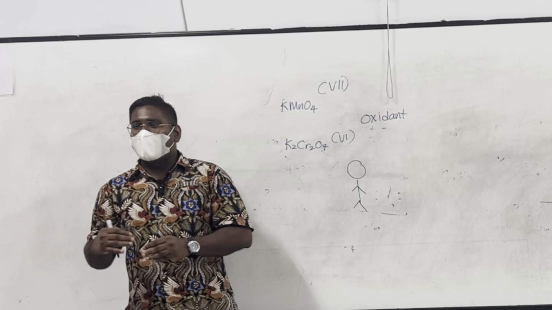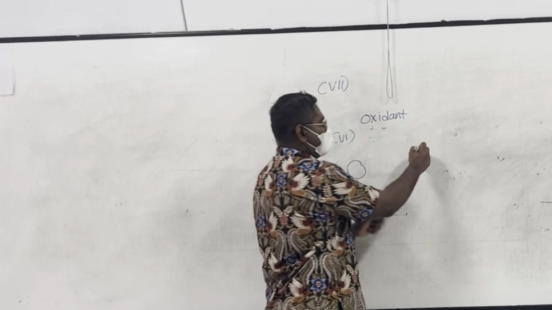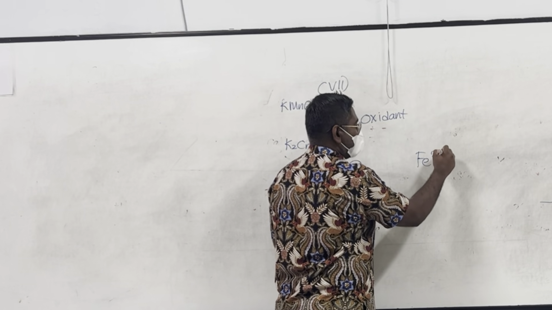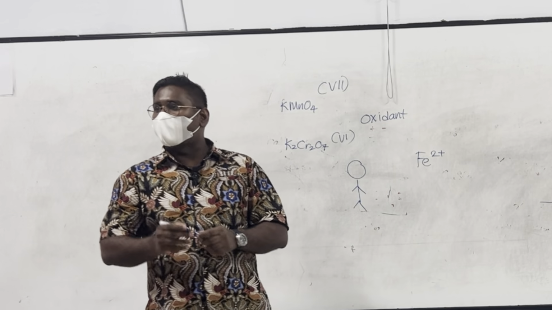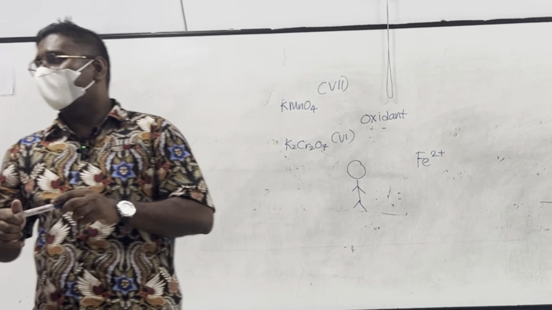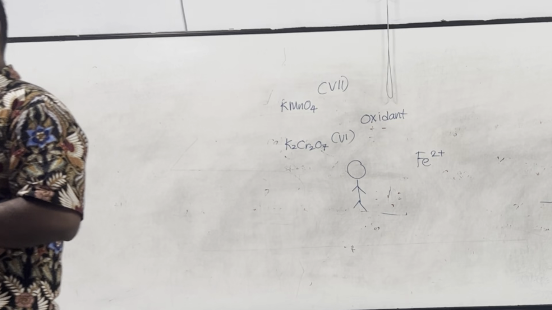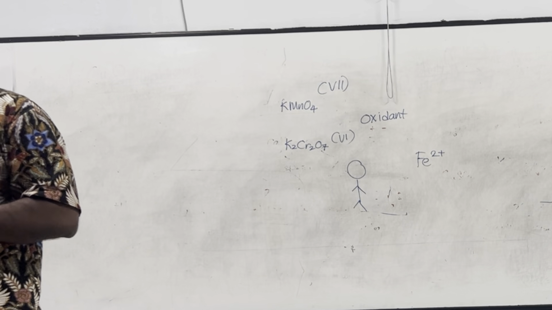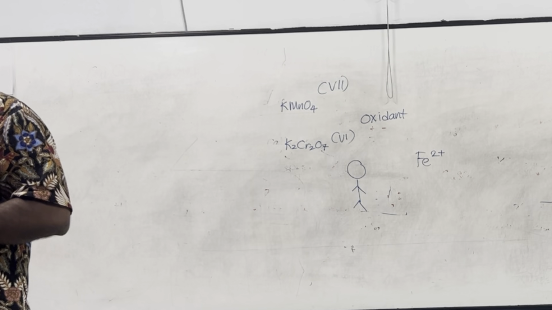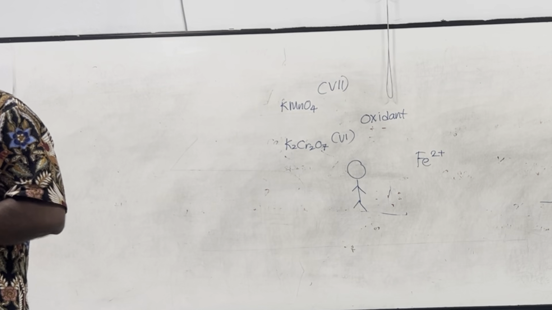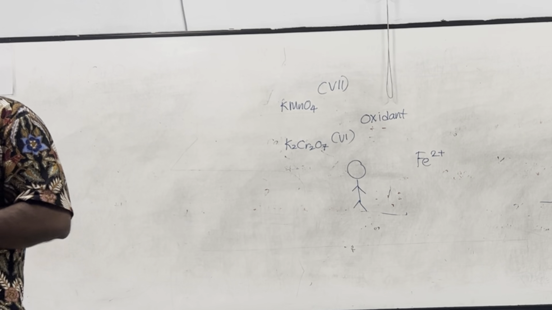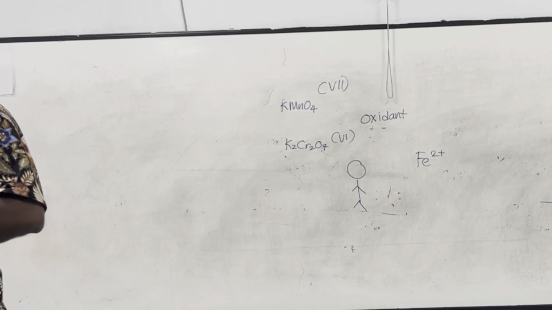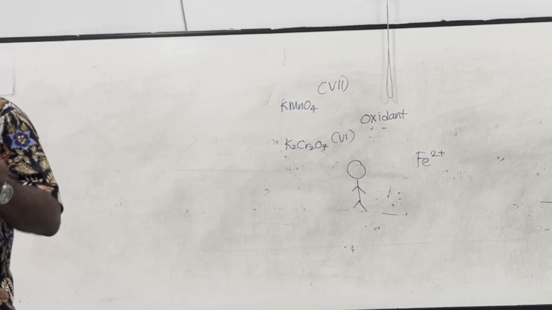Let's say I am going to oxidize Fe2+. If I oxidize Fe2+, what will happen? Fe2+ becomes what? Fe2+, Fe3+, Fe. I give you 3 options. Which one?